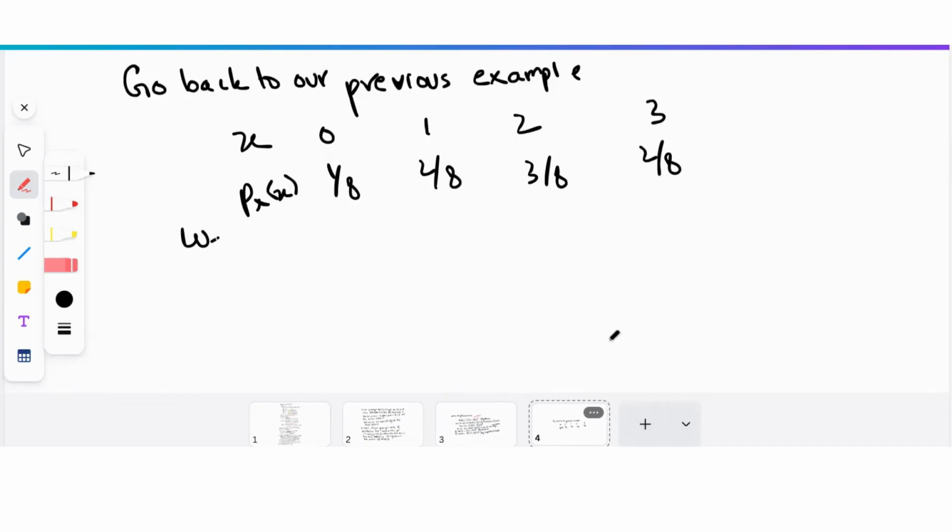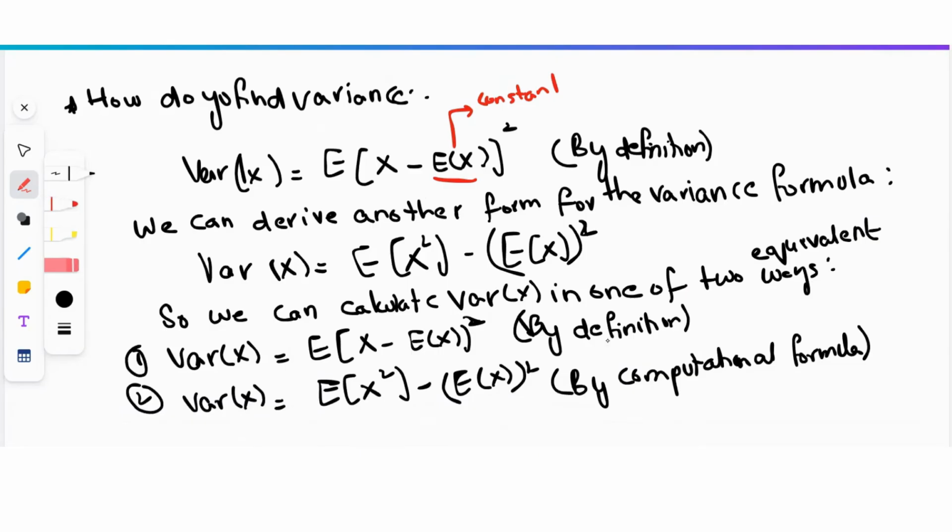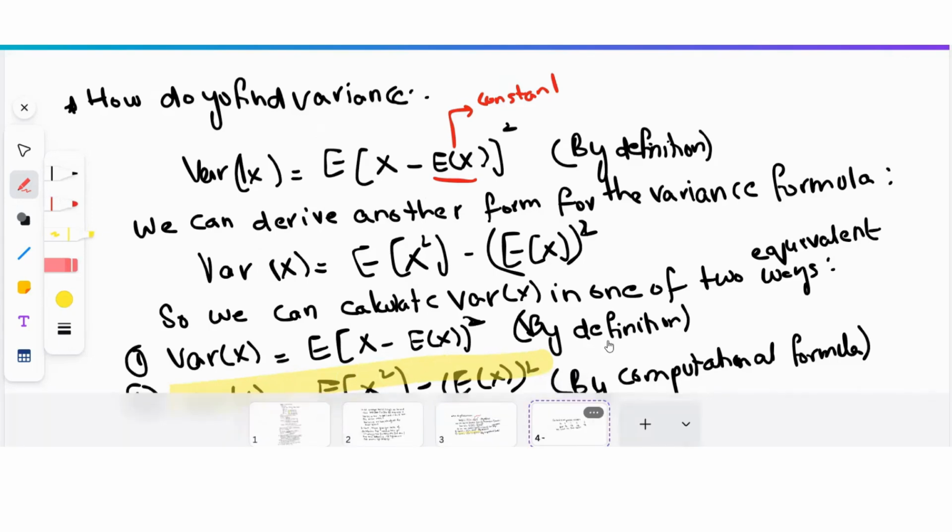So now we want to find variance of x. Now, like we said, there are two equivalent ways to do this. Let's first use this method where we can find variance of x using this form that we derived from the definition of variance.